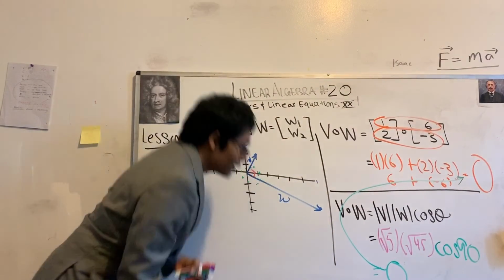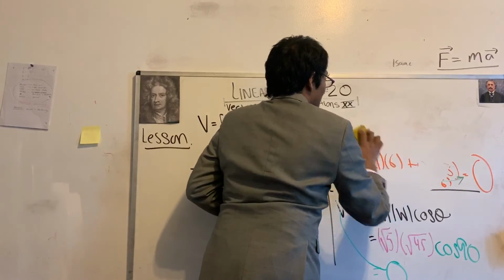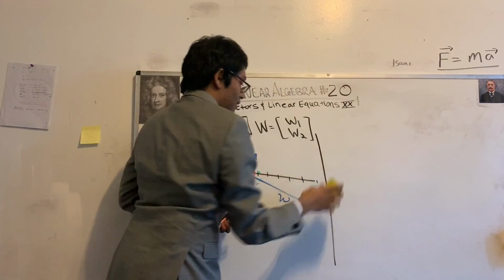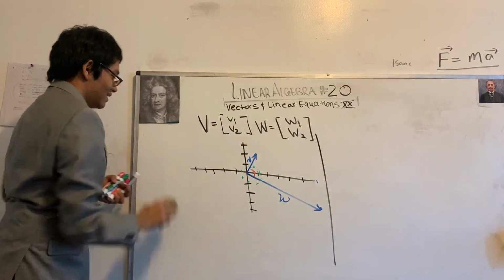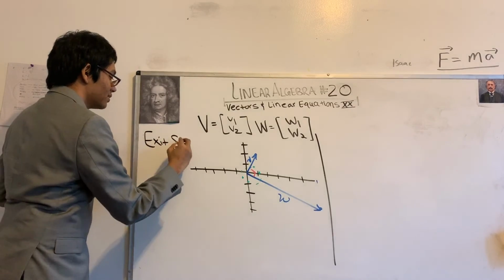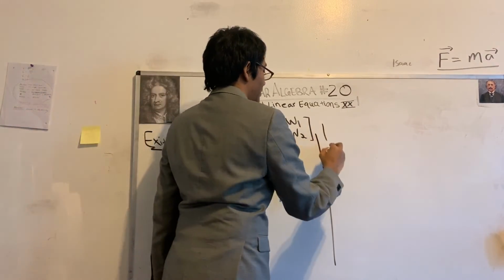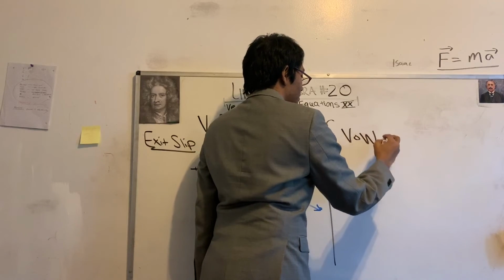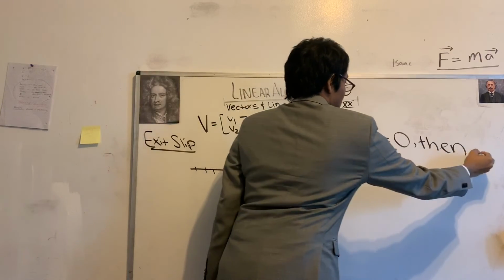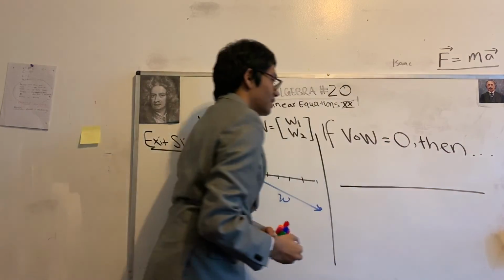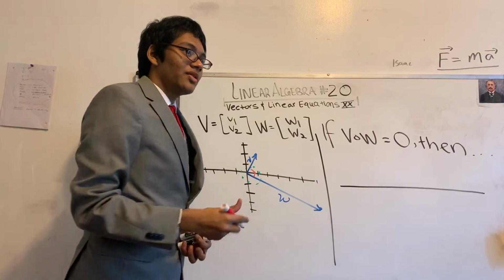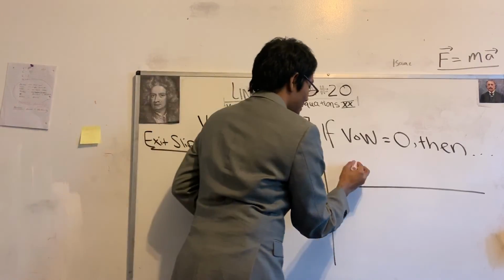If v dot w equals 0, what can we say about the two vectors? Perpendicular. Correct.